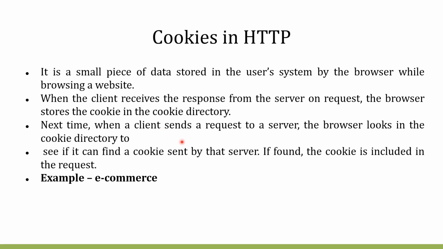If the cookie is found, it is automatically included in the request to the server. This allows the server to recognize the user and provide a personalized experience. For example, in e-commerce applications, cookies can be used to remember the user's shopping cart, save login information, and personalize content.